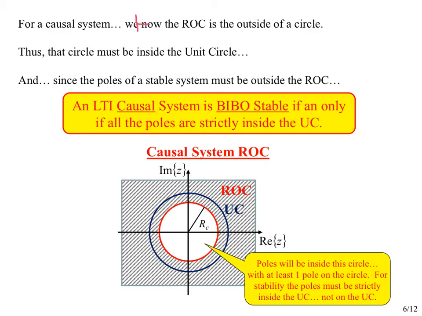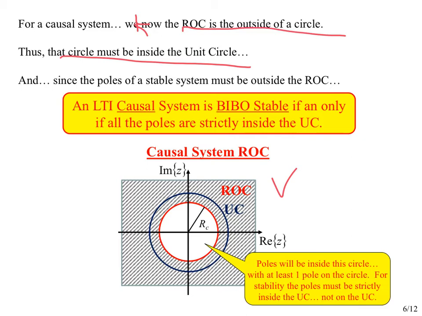This should say we know the region of convergence is the outside of a circle, and that circle must be inside the unit circle. So we're illustrating it down here. The red circle is the circle defined so that all the poles are inside of it, and the region of convergence is outside. So that red circle must be inside the unit circle in order for stability.